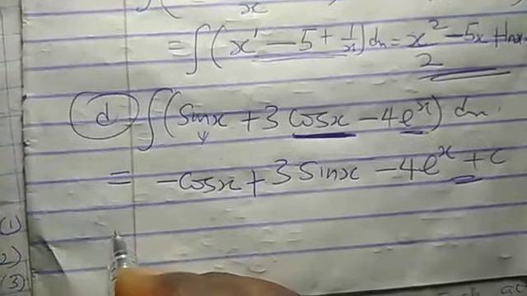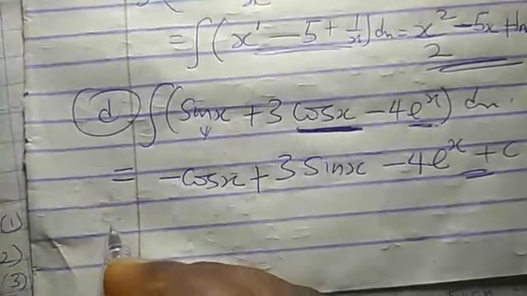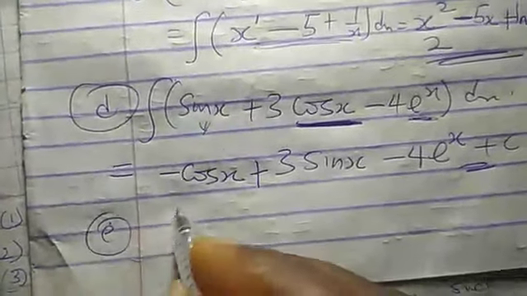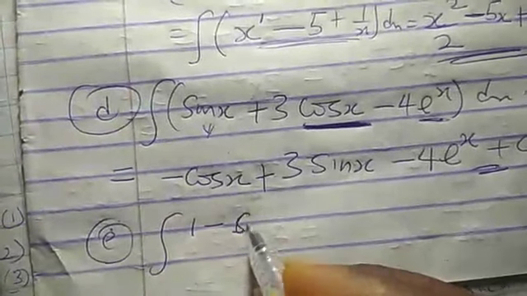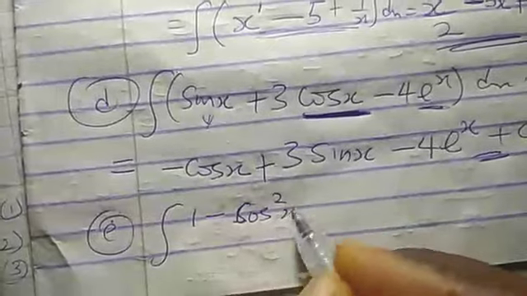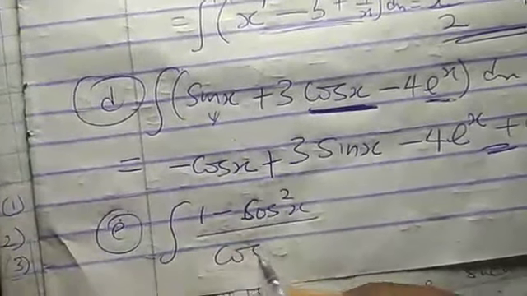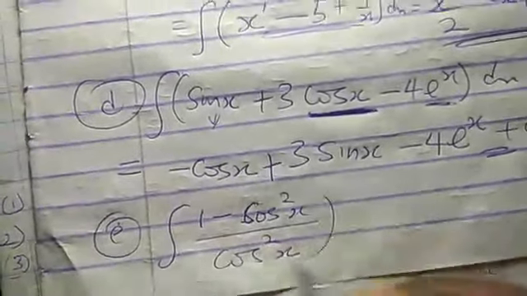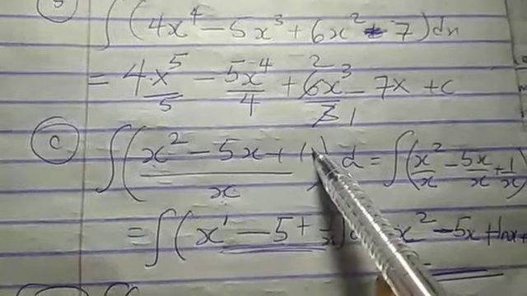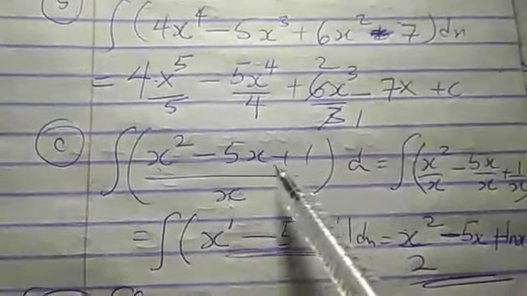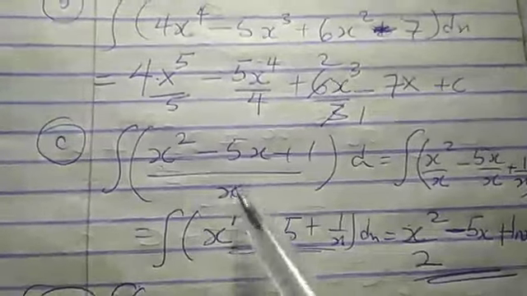And if I have something of this nature, let's say e, I want to integrate 1 minus cos square x divided by cos square x. Don't forget that it's something of this nature. We cannot integrate it directly because it has something under it.